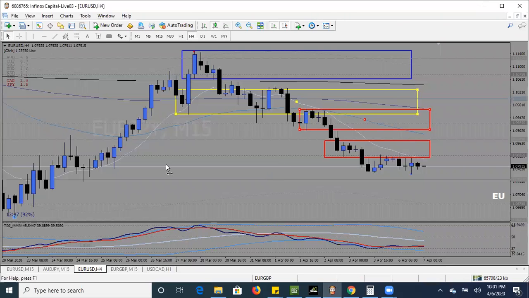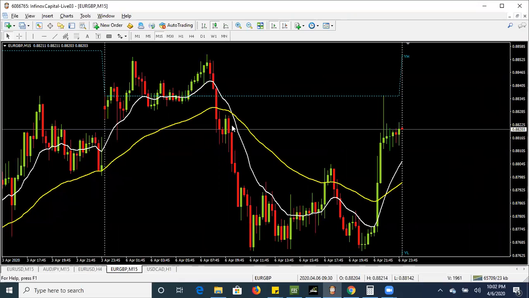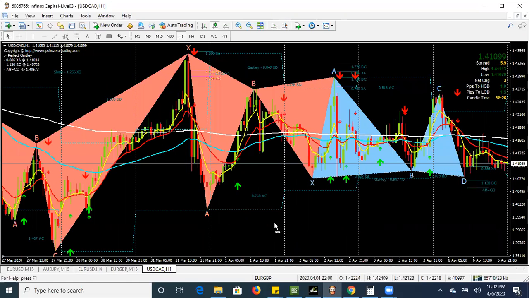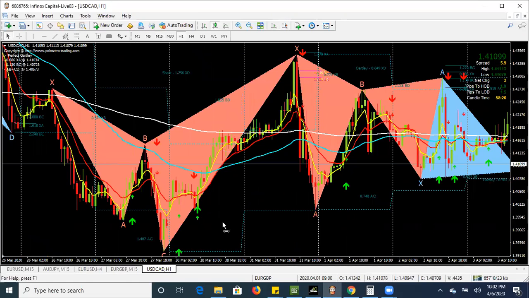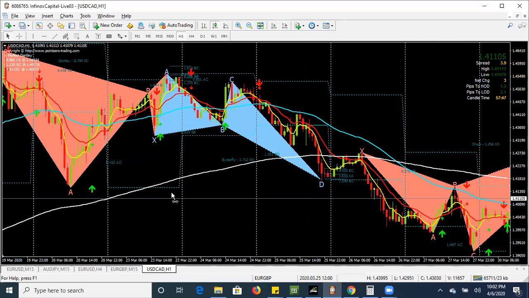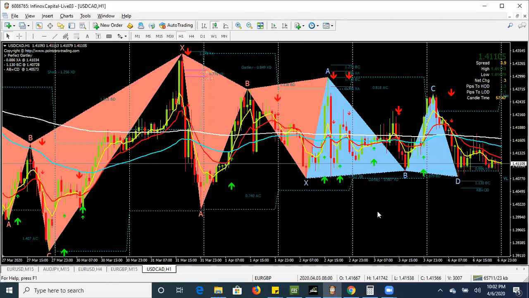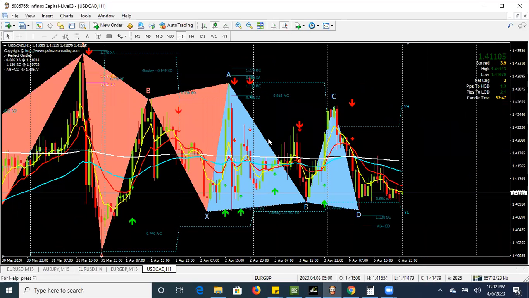You might find, depending on who you're following, someone who likes using moving averages, and you could have them in various shapes and formats, right? Or perhaps harmonic patterns, it could be a harmonic pattern type of person.